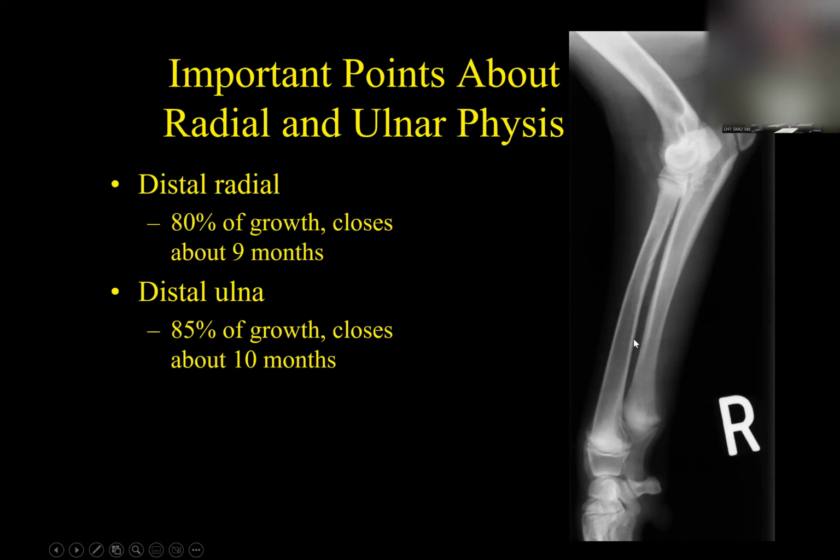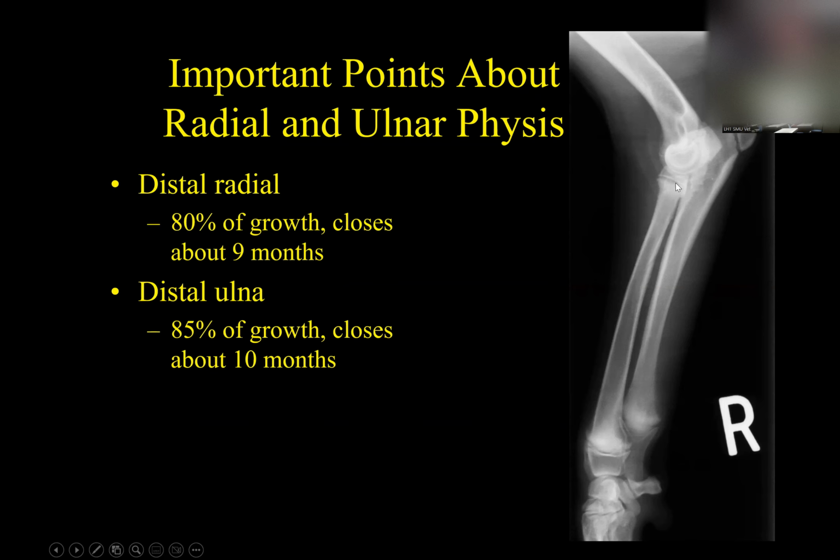The thing that you need to know, very commonly, dogs will have trauma when they're young that affects the distal growth plates of these long bones. Trauma to the proximal ones is pretty rare. Okay, but a lot of times they'll damage these growth plates of the distal radius and ulna. And when they damage it, you have to realize that of the radius, 80% of the growth of the radius comes from the distal growth plate.